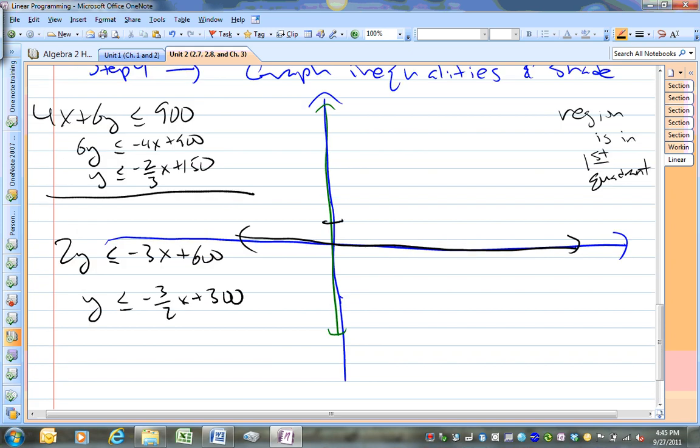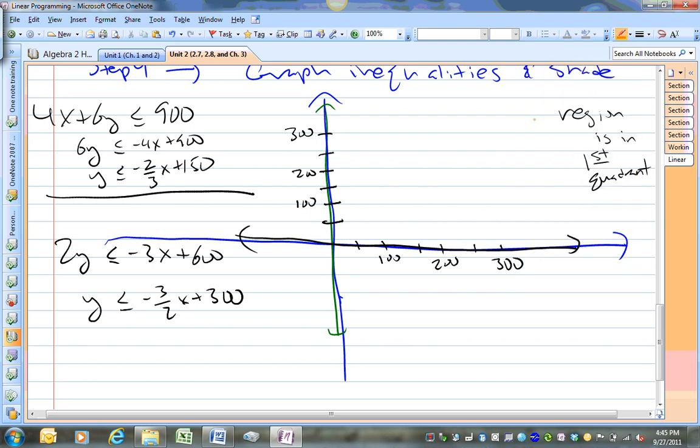Let's say I make each of these worth 50 units. So 100, 200, 300. 100, 200, 300.